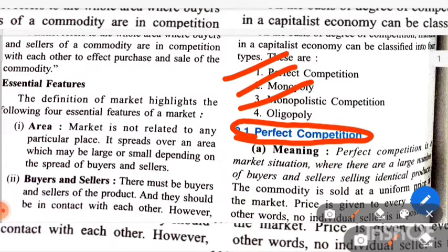Now by the word itself you can understand perfect competition: where there is strong competition between buyer and seller. And when there is strong competition, there are more buyers and more sellers.